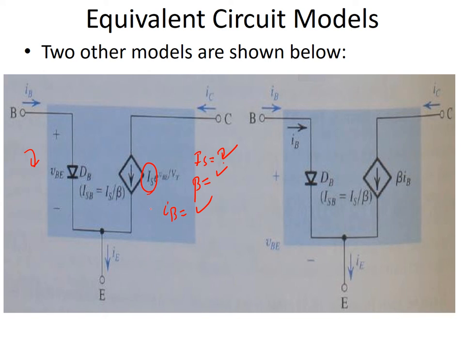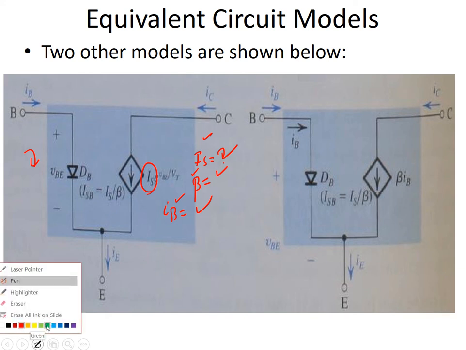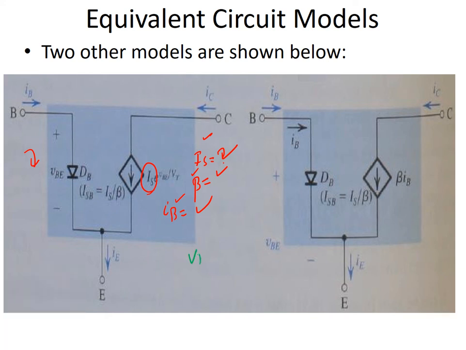So in this case we have IS, we have IB, we have the beta value. So depending on the available values, we can go for this model. For example, if we have to calculate VBE and these values are given, we can choose this model and then solve the numerical.